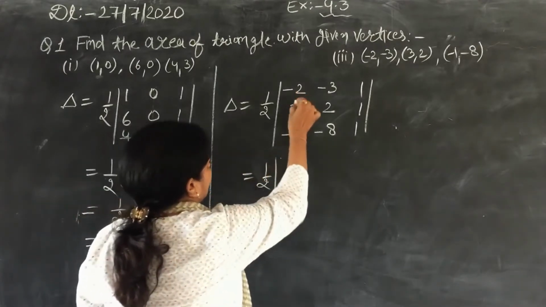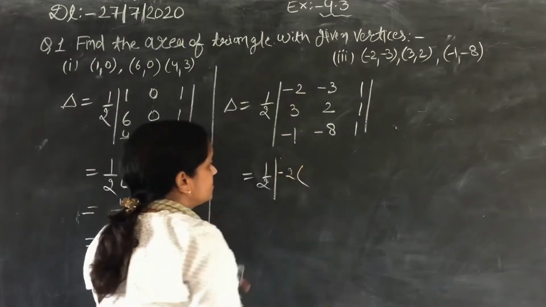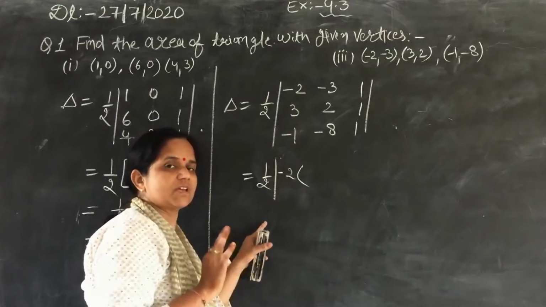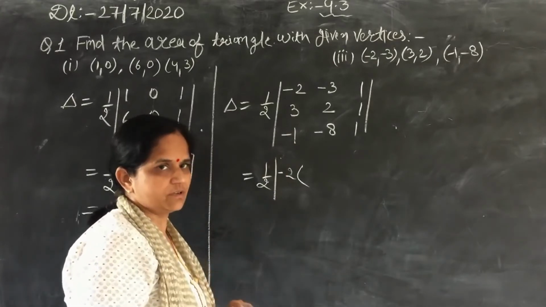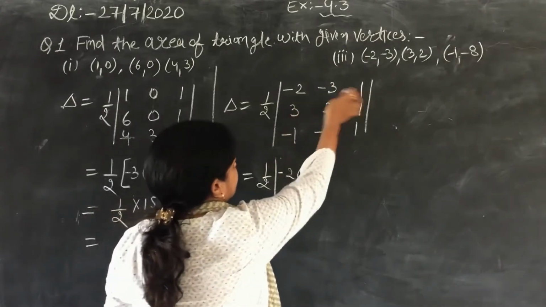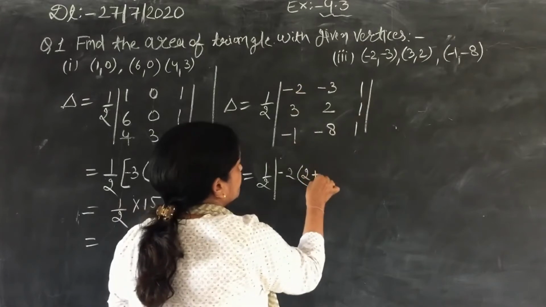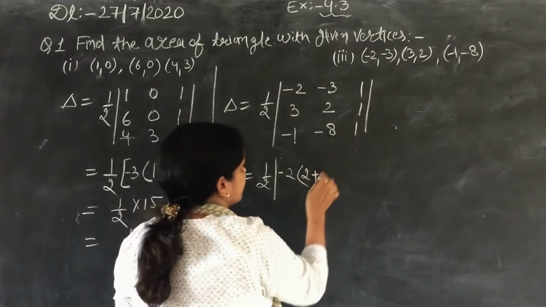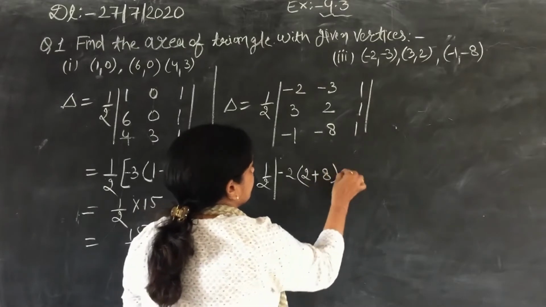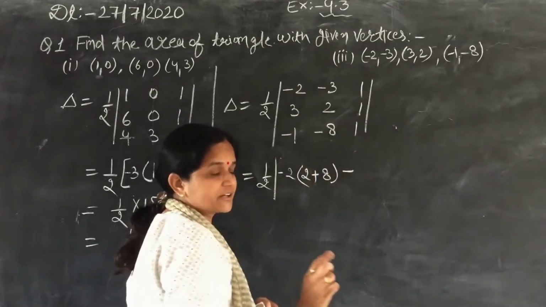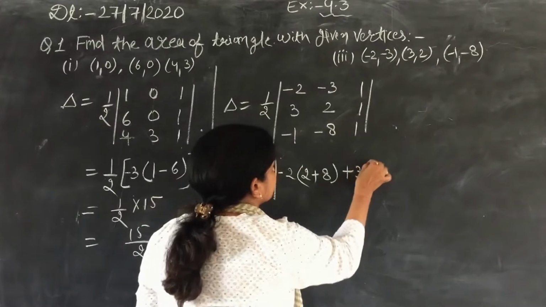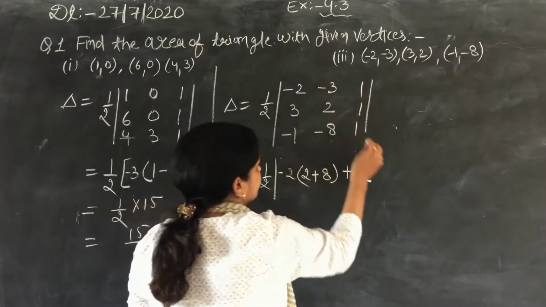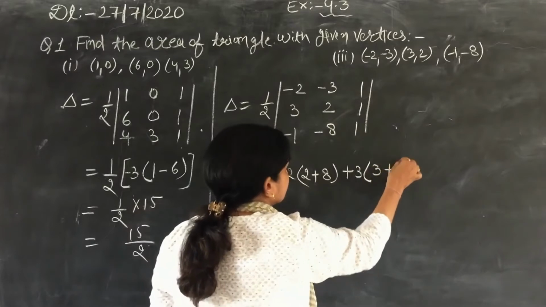Okay. I am starting from minus 2 student, and I am taking this modulus since we have to take only absolute value. So it is minus 2, and here 2 minus 8 will multiply with 1, but minus minus is plus. Now it's already negative sign, so take it plus student. Okay. Now this row and this column will cancel. We will get 3 plus 1.